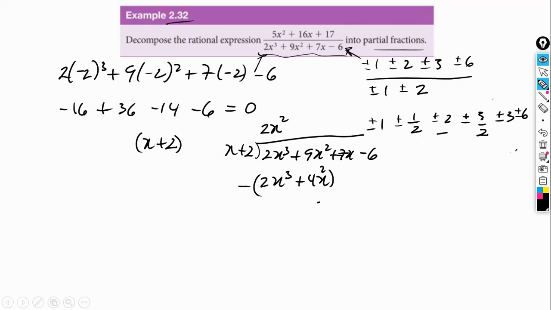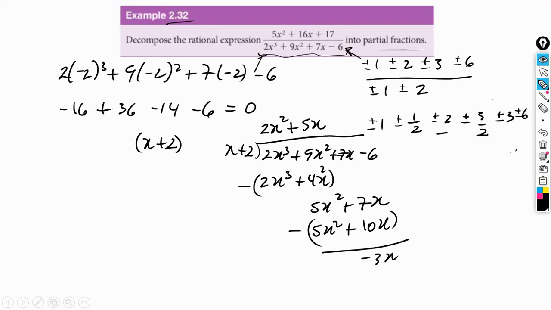I'm going to get 5x squared plus 7x. So that means that we have to multiply by 5x. And from here, we're going to get 5x squared plus 10x. Subtract, minus 3x. Bring down the minus 6. And then here we multiply by minus 3, and we get minus 3x minus 6, subtract, remainder is 0.